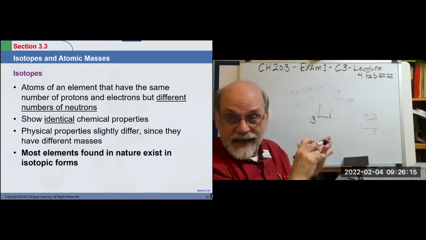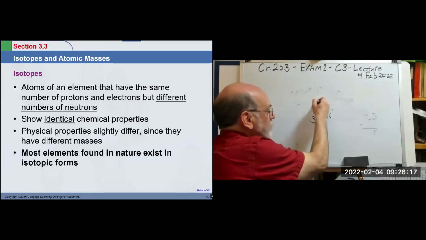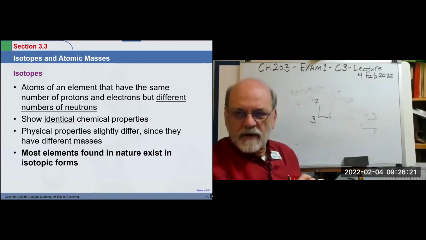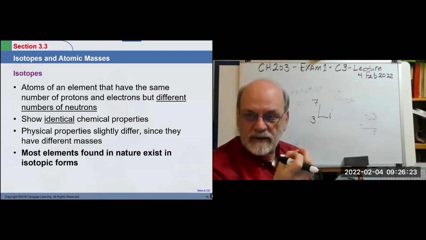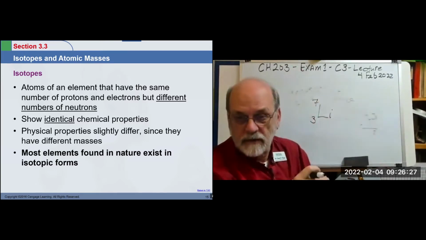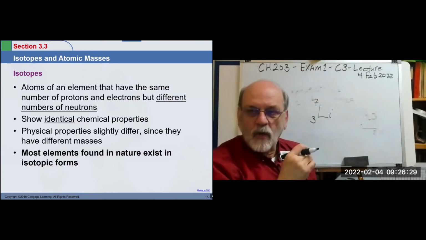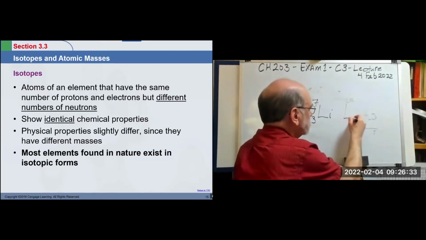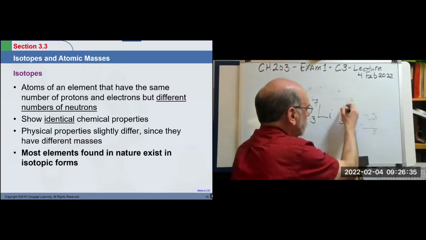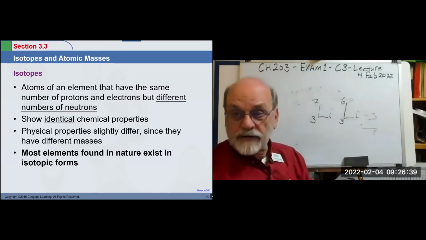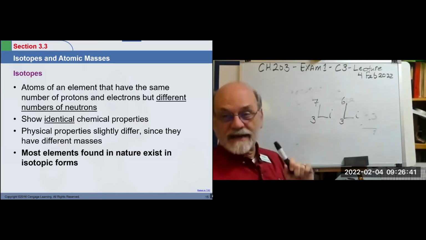And in our previous example, the mass number would be 7 because it has 4 neutrons. But there are a very small number of lithium atoms in nature that only have 3 neutrons. So that's the way we would represent that isotope.